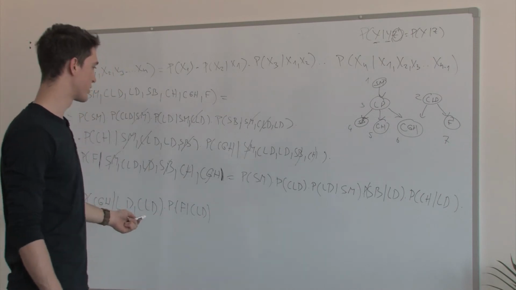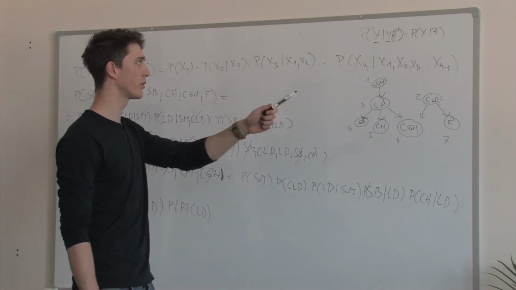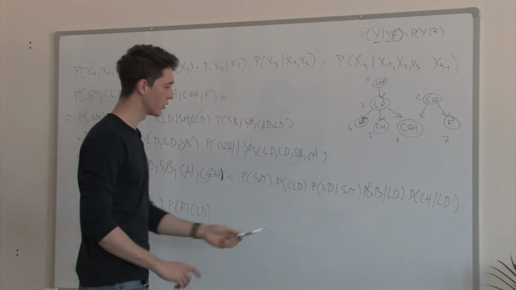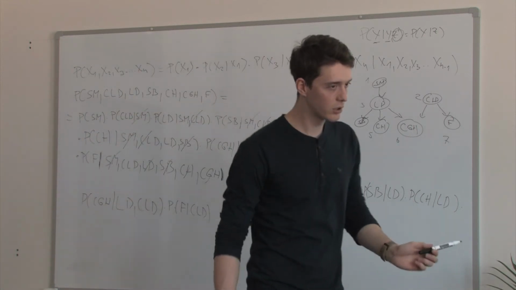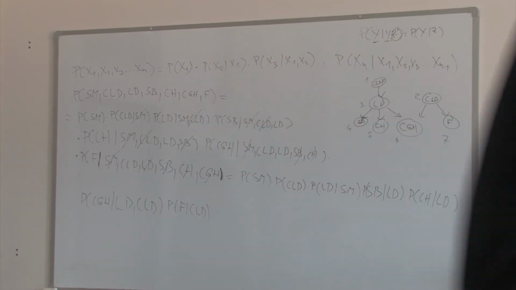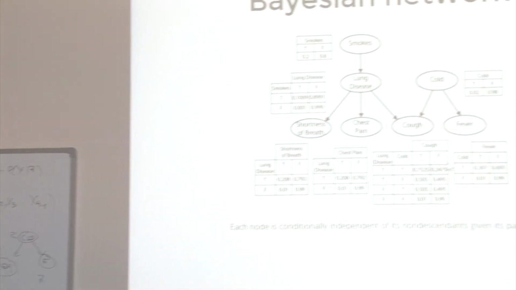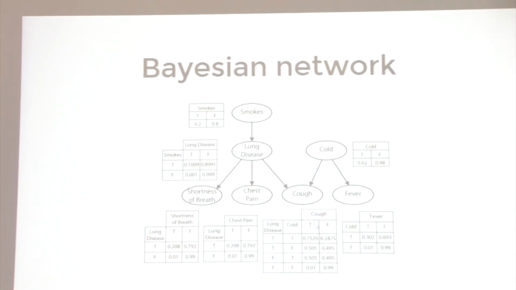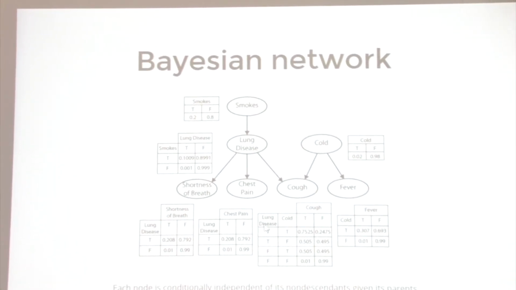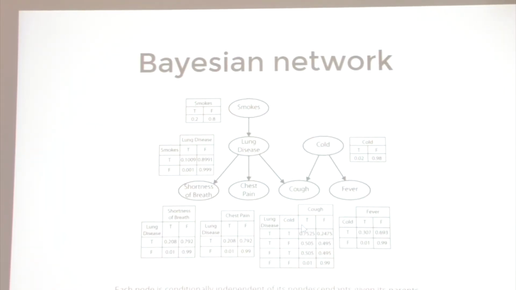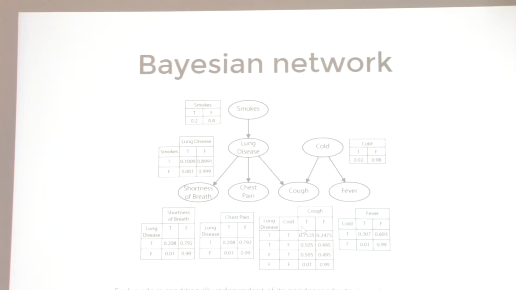And the other thing that you can see is that for each node that we have, there are these conditional probability tables right here. So let's say for cough, which has two parents, we have the table for each state of lung disease and cold, and this is exactly its part in the formula right here.